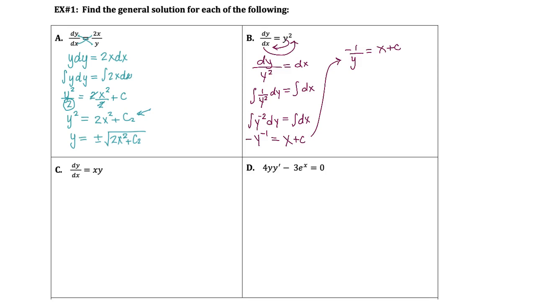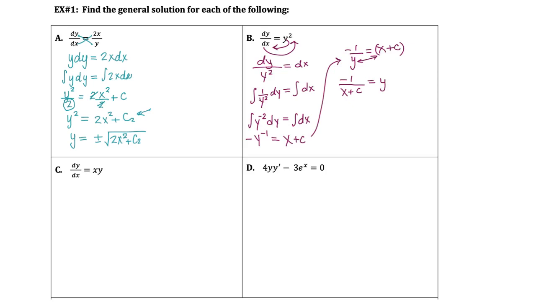So to solve for this, we can just flip our sides over, or we can treat this as one whole quantity, and we can cross multiply here and here. So we have negative 1 over x plus c is equal to y.